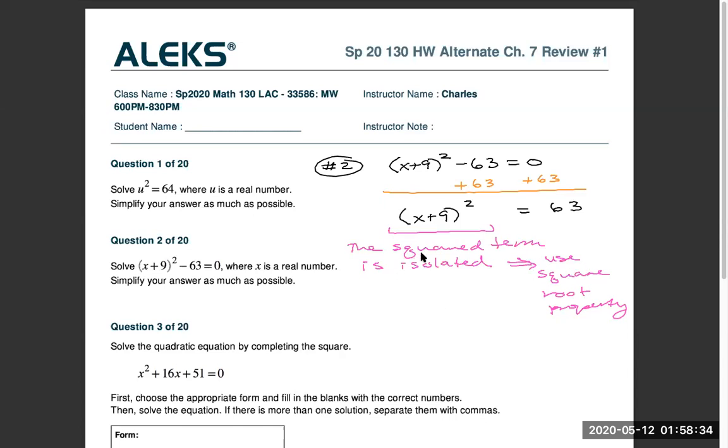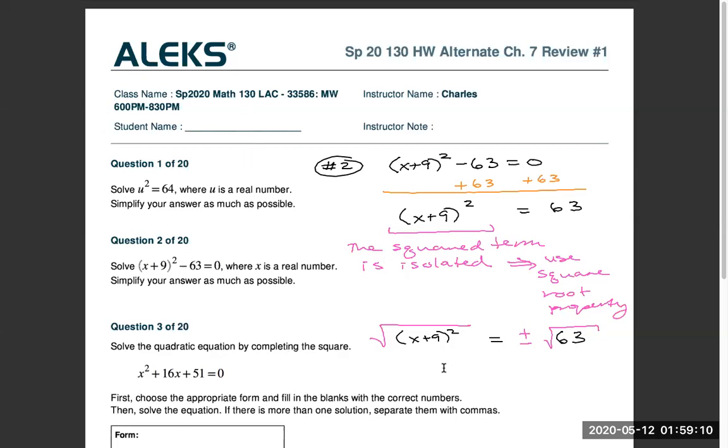Okay, so now what we're going to do, we're going to take the square root of both sides. Leave yourself a little space. And then you're going to put a plus minus. Okay.